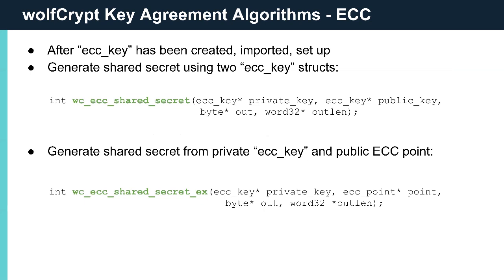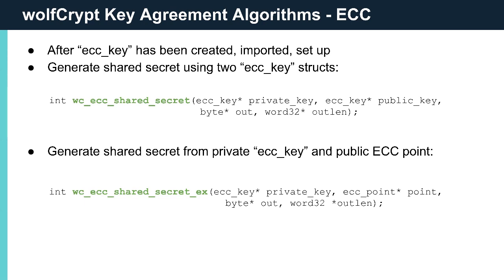So after you set up your key, you can generate a shared secret, which will take in 2 ECC key structures. As you see, you're taking in a private key and a public key. The private key would be the party that's generating this right here. The public key would have been received from the other party or peer.